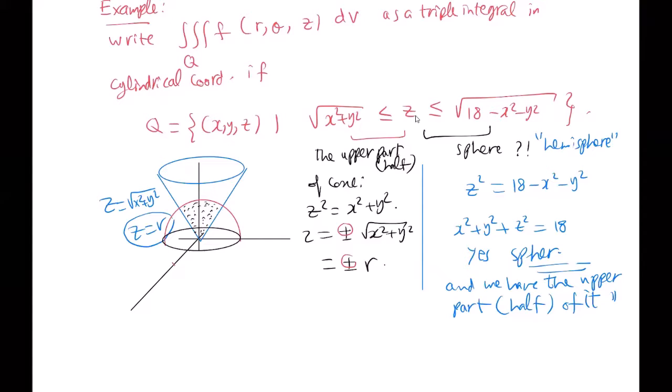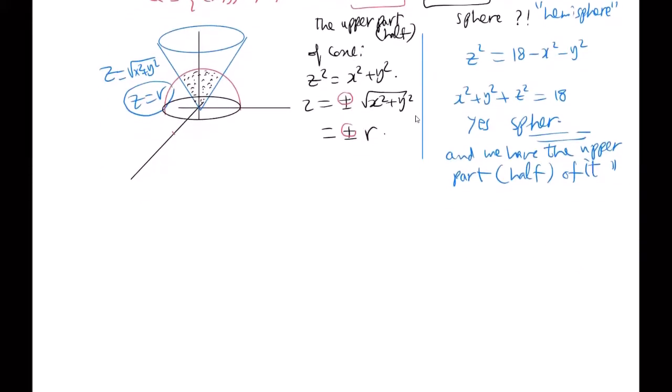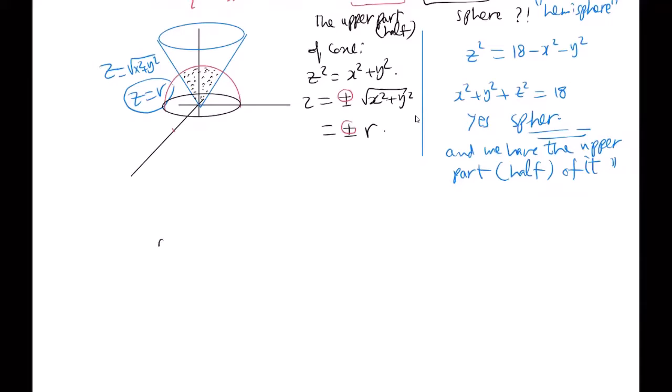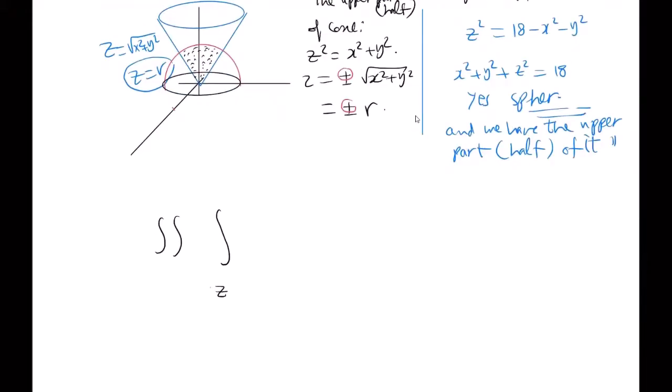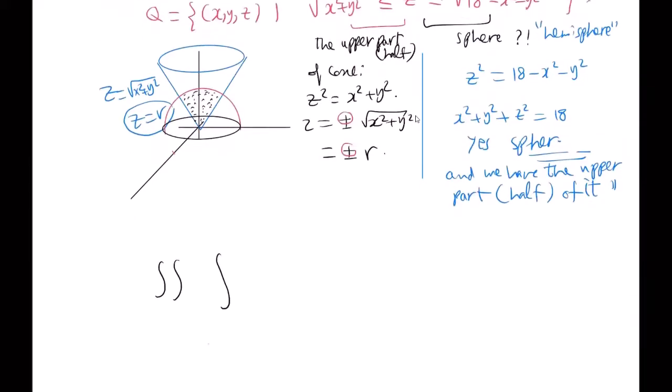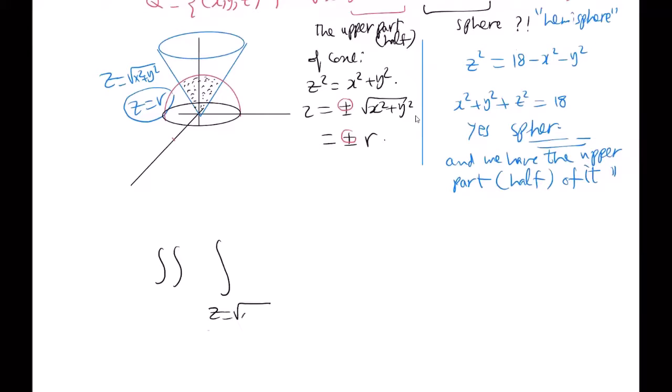So we can evaluate the volume of this part or make any integration over this solid. The situation will be like this. We will finish with this. So the integral will be: Z was from where? Z was from root x square plus y square, meaning from the cone, up to Z at the sphere, which is root of 18 minus x square minus y square.